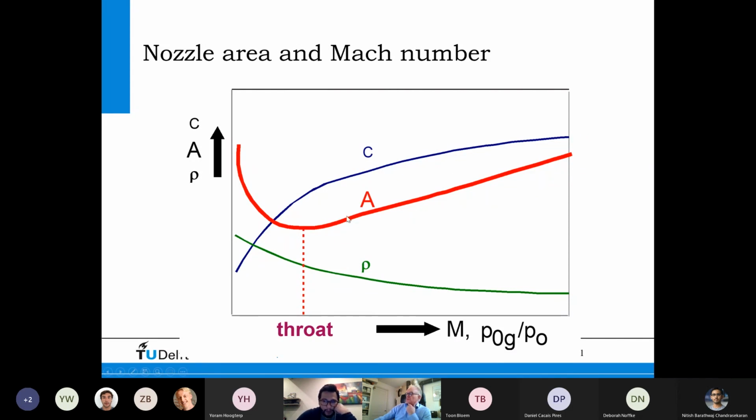So the flow will continue to expand and accelerate, and from here we have supersonic velocity. We have a Mach number going beyond 1 here, and the pressure ratio is also increasing, and this will then be the critical pressure ratio. So these are the trends, and of course density will decrease because we are expanding.